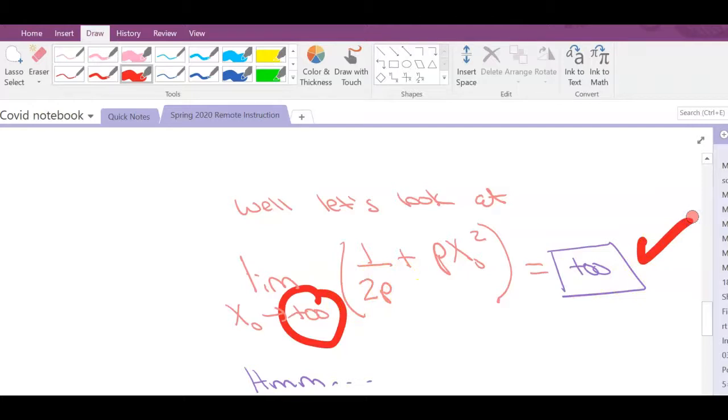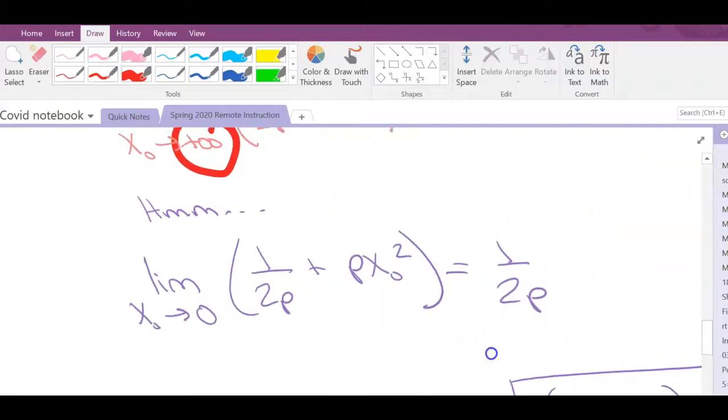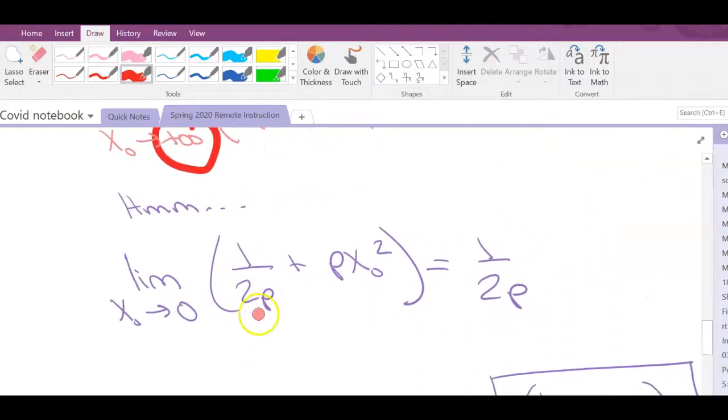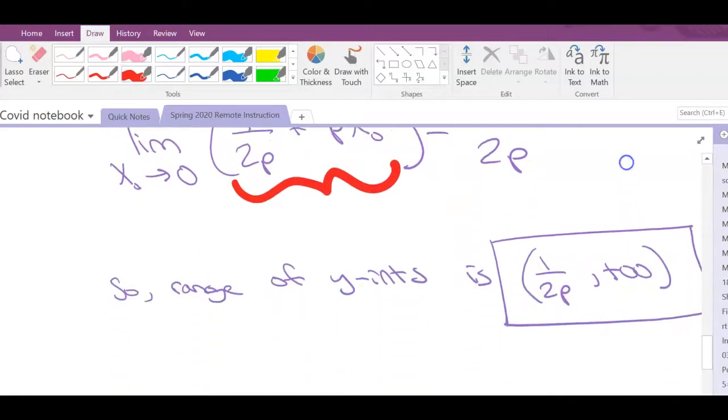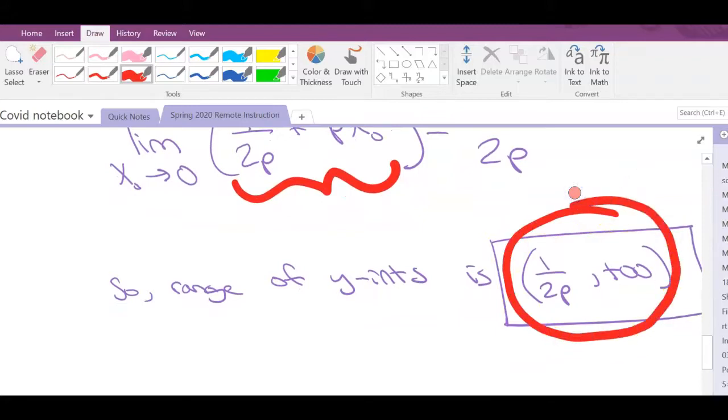And as x approaches 0, the y-int approaches 1 over 2p. So the range of y-ints is 1 over 2p to positive infinity, definitely not inclusive, because you never really can get to 0. If the tangent line ever was at 0, the y-int would be every single y value.